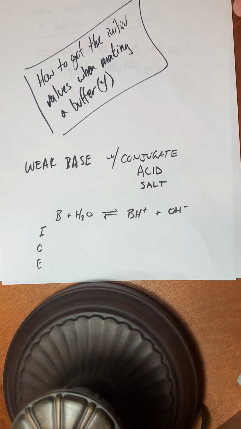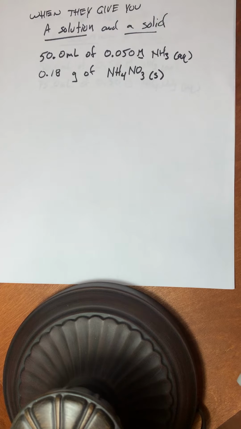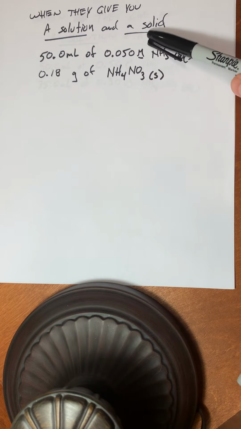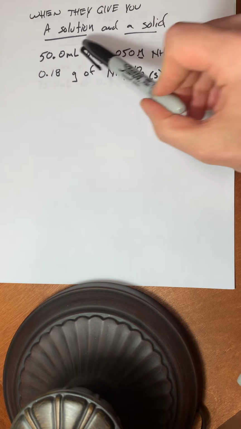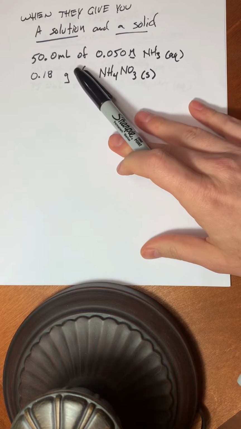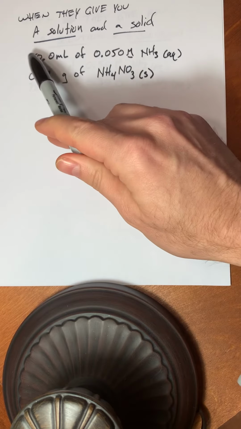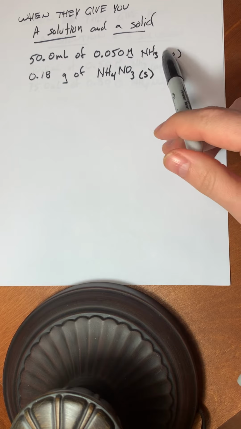There are, again, two ways to do that. They're going to give you the weak base solution, and you're going to add in that conjugate salt as a solid or a solution. In this example, we're going to use the weak base solution: 50 milliliters of 0.050 molar aqueous ammonia.